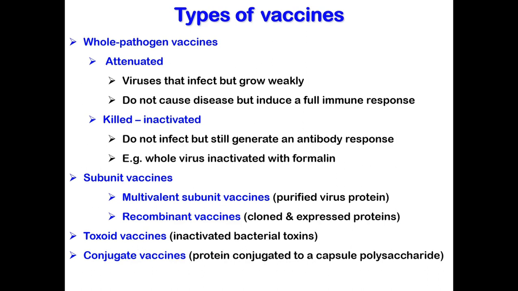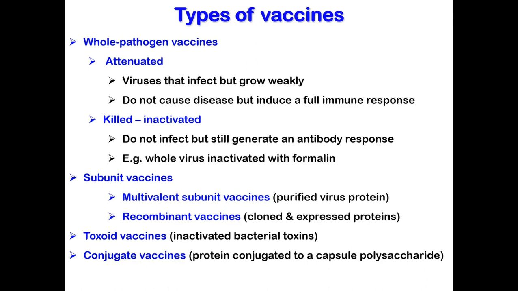So these are recombinant vaccines. And the advantage of these vaccines is that because they only contain the essential antigens of the pathogen, the risk of side effects is relatively low. And examples of the subunit vaccines are anthrax, hepatitis B, influenza, meningitis, papillomavirus, whooping cough as well. And we're going to talk about the hepatitis B recombinant vaccine later on.